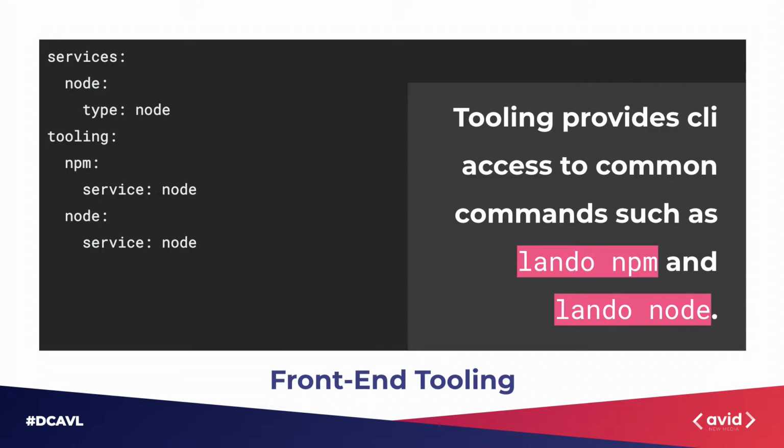All this is documented, so if you wanted to run some local testing, Behat testing or PHPUnit testing, you can configure all of these really, really easily. So we're exposing the application or the command line interface for NPM to Lando from the service node. We're also going to expose the node command from the service node, and now you can run Lando NPM or Lando node.